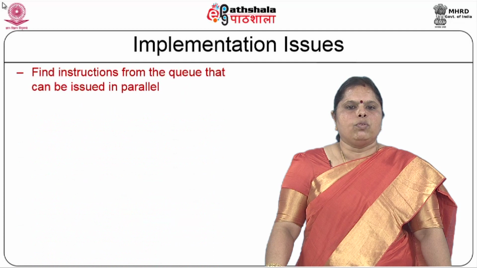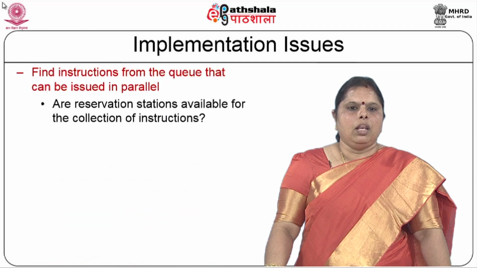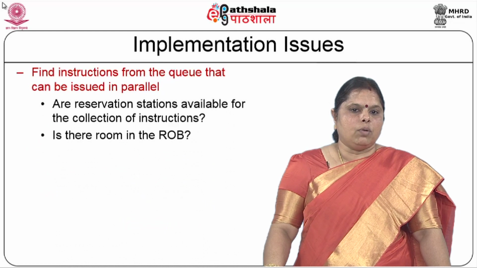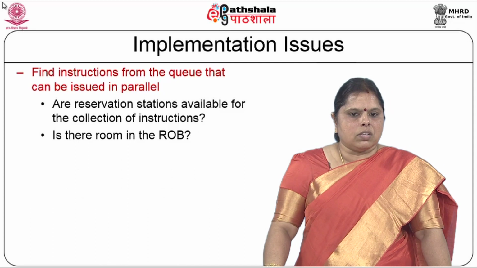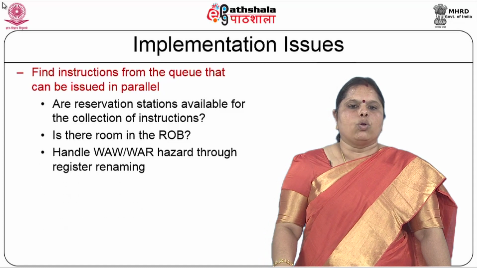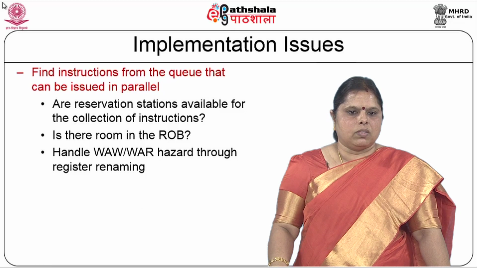So, now we will have to find instructions from the queue that can be issued in parallel, and also check various factors. When you are issuing multiple instructions, you will have to check whether there are reservation stations available for these instructions. Is there room in the ROB? Can you provide an ROB entry for these multiple instructions?